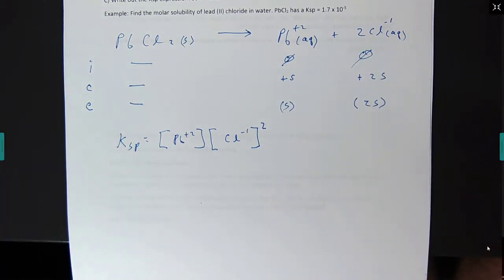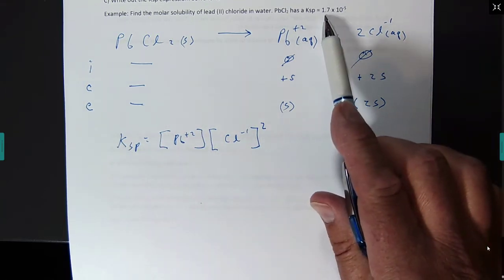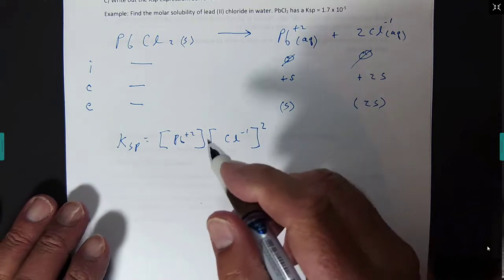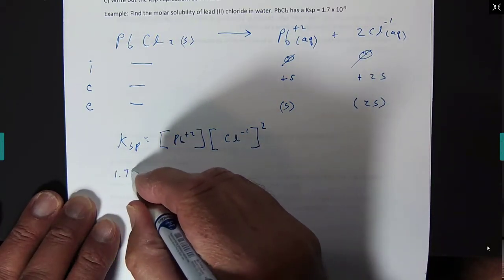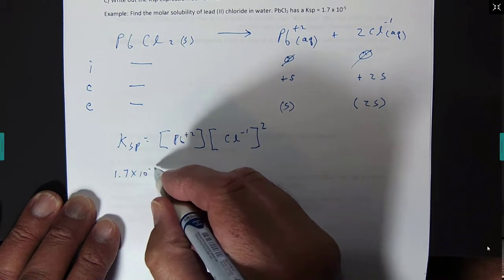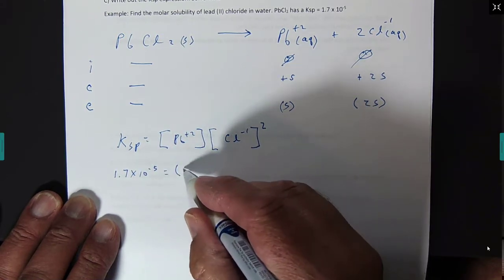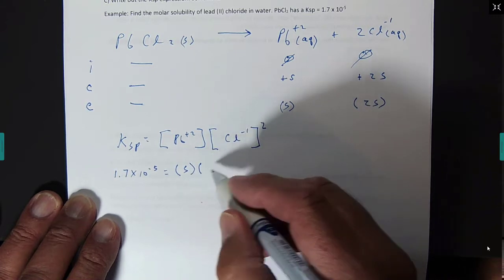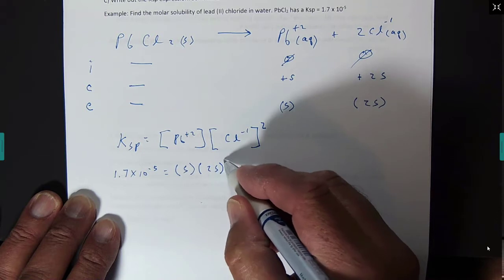Plug everything in. We got a number here for Ksp, 1.7 times 10 to the minus 5th. Concentration of lead is S. Concentration of chloride is 2S, and I have to square that.